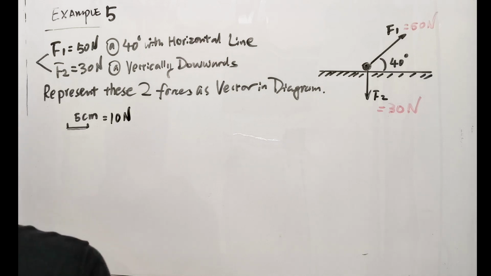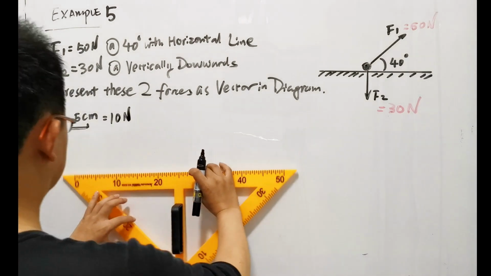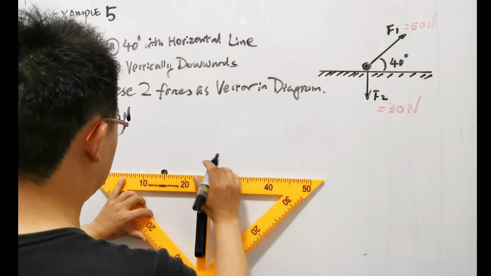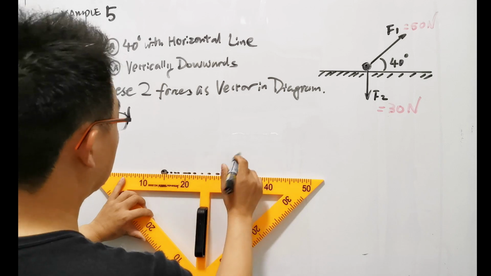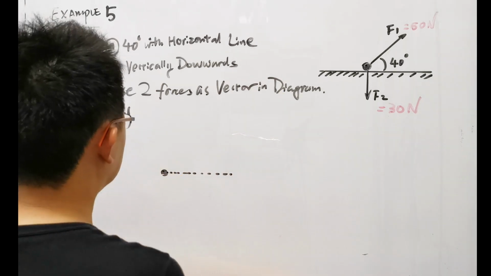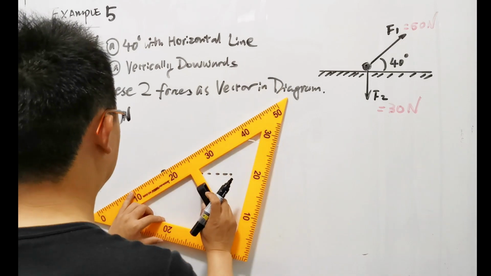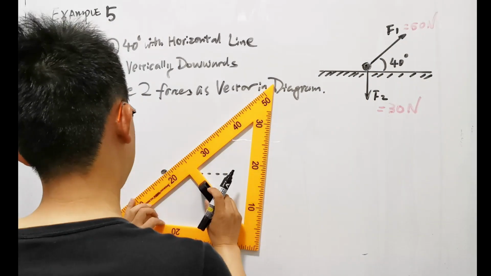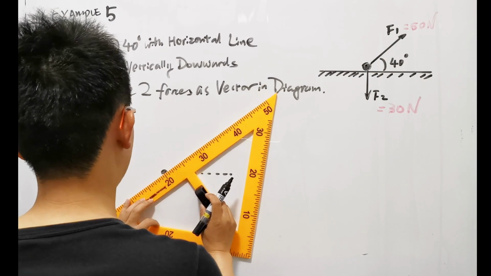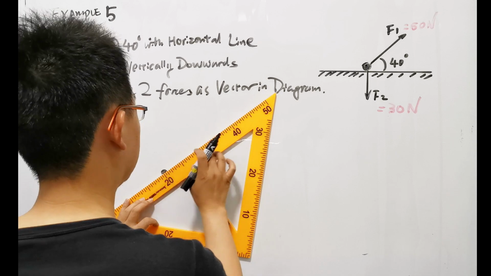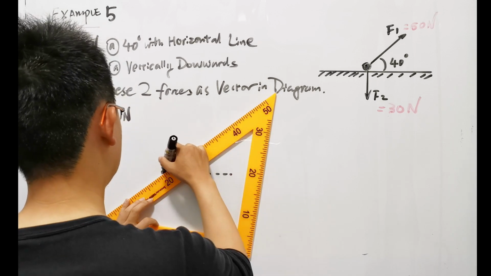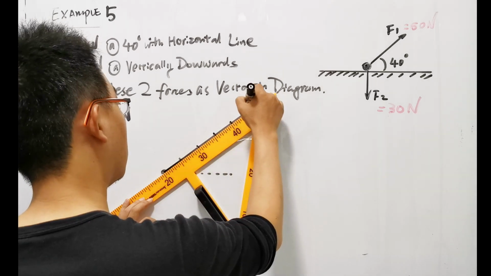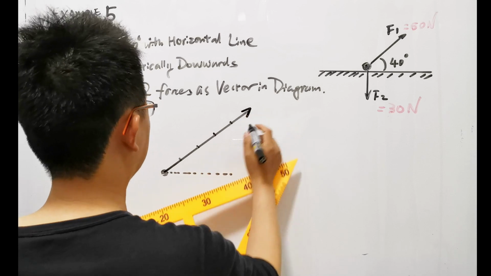So we can draw a line. Assume this is the object. This is the horizontal level, and then we go up. So 50 is 5. 1, 2, 3, 4, 5.